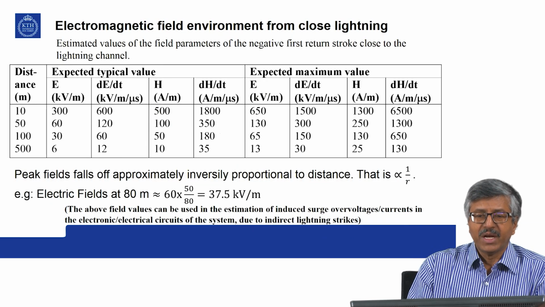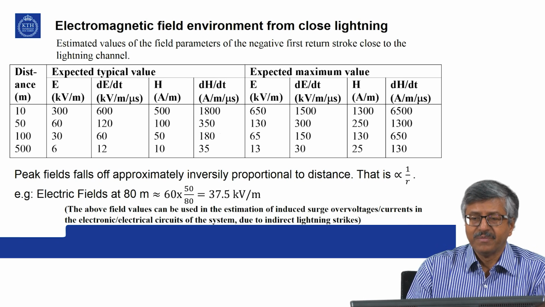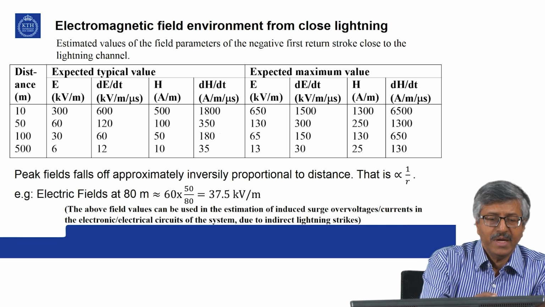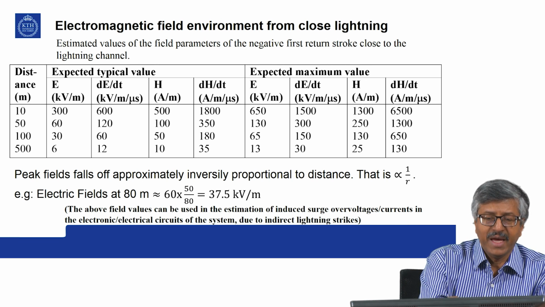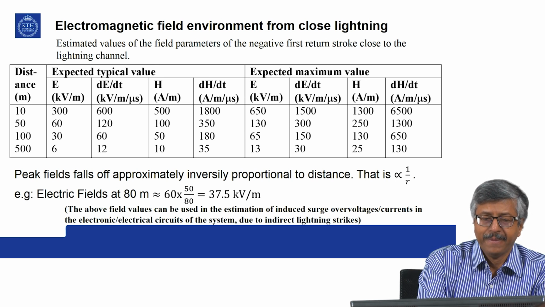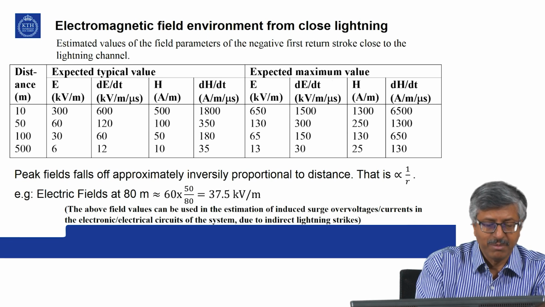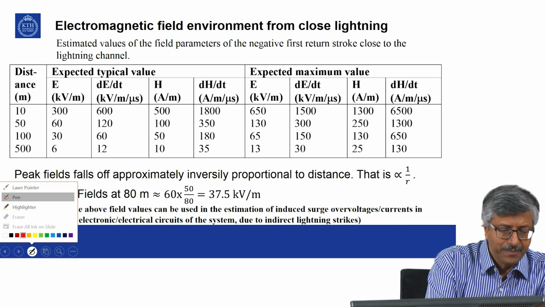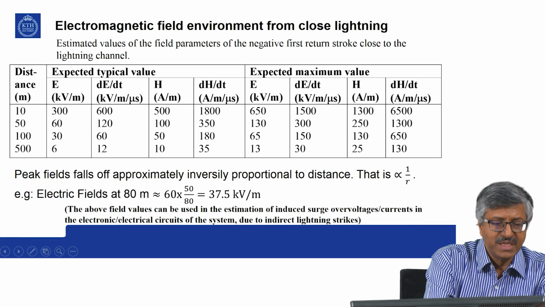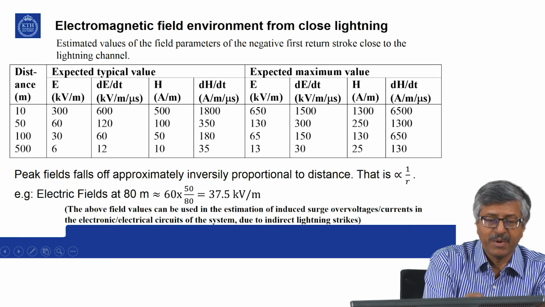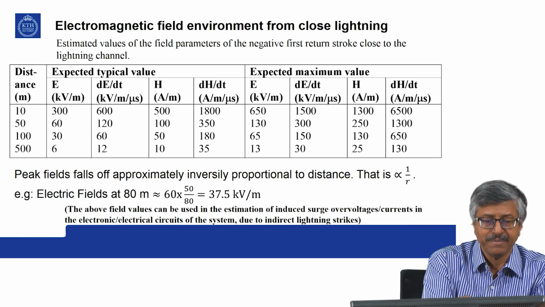Now, the electromagnetic field environment from close lightning are described here. E, dE by dt, H, dH by dt. The typical values and expected maximum values are given, and at various distances from 10, 50, 100, 500. So, these are based on measured data, and extrapolation of measured data is done here.